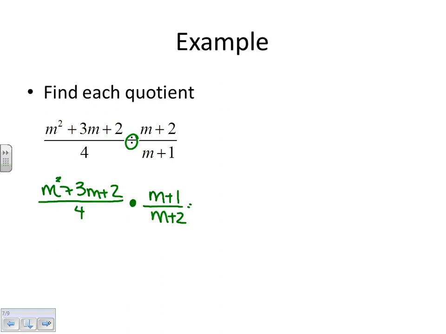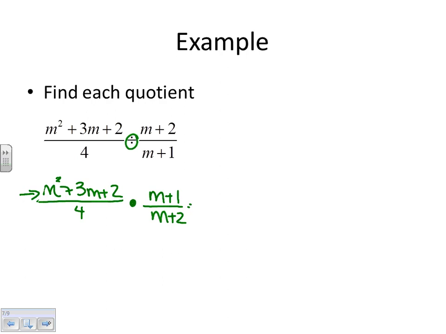Okay, so now I look at the problem and I have to find out which one. Do I need to factor? Is there a greatest common factor? Do I need to factor trinomials? And yes, I can factor this guy right here. Okay, I'm going to factor this right here.